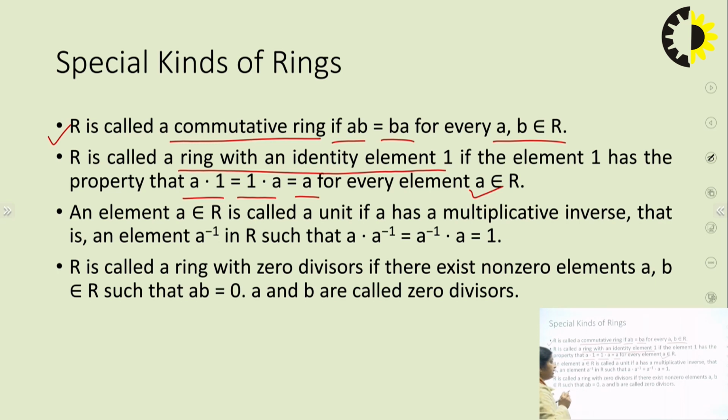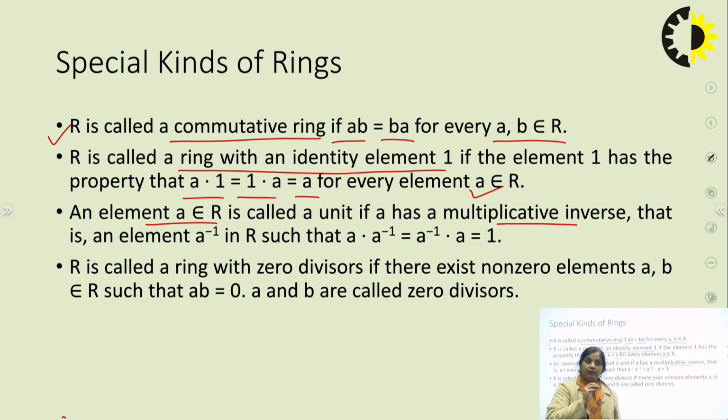Okay, and next is the property that talks about the inverse element. We know that in a ring, additive inverse is there for each element, but if we have multiplicative inverse also, then we have a special kind of ring. So if we have an element A belonging to R and it has a multiplicative inverse, we have two operations, addition and multiplication.